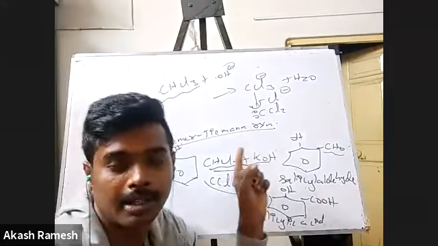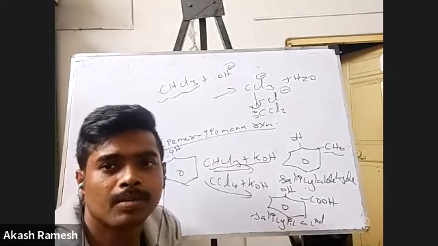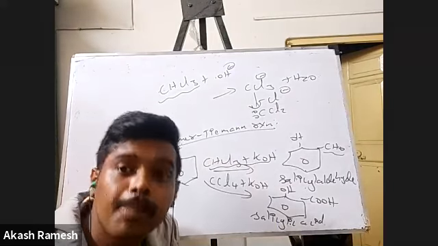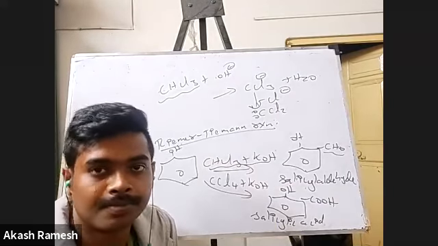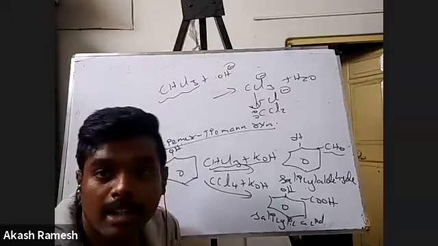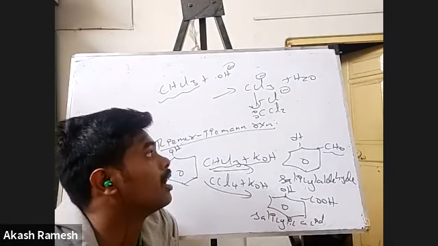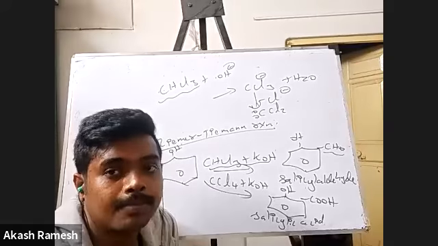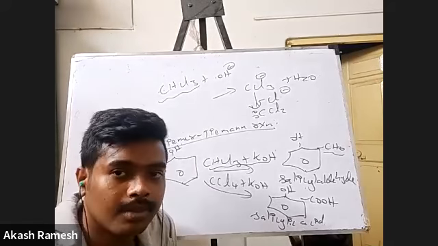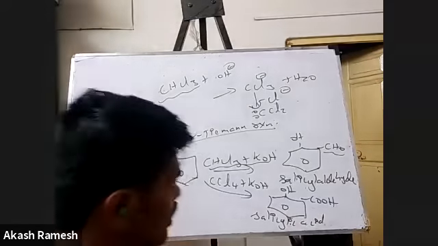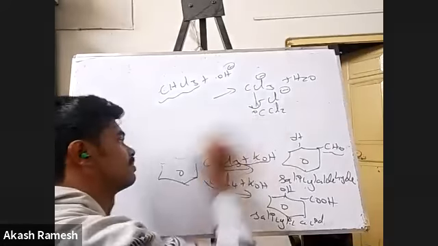This is the intermediate here. This is one of the very few reactions where you will see carbenes as the intermediate. That's why the Reimer-Tiemann reaction is a little important: dichlorocarbene as an intermediate. If you understand that, then the next step is going to be easy.